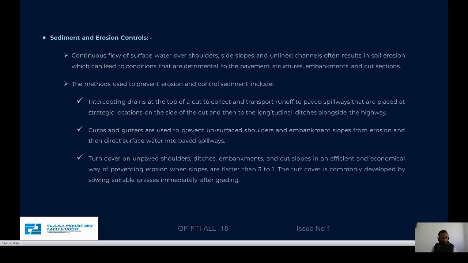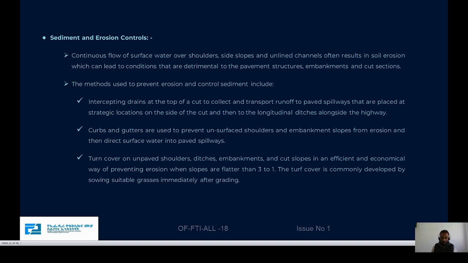Continuous flow of surface water over shoulders, side slopes, and unlined channels often results in soil erosion. This can be controlled or prevented by the following methods. The first is anticipating drainage at the top of the cuts to collect and transport runoff.